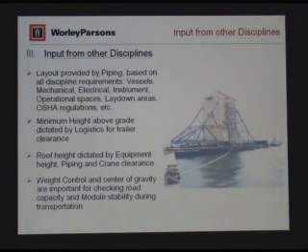I want to touch a little bit on what input we need from other disciplines to be able to build a module. Basically, the layout of a module is provided by piping, because based on all discipline requirements, they take the information from vessel, mechanical, electrical, instrumentation, and operational spaces. Operation is very important also.